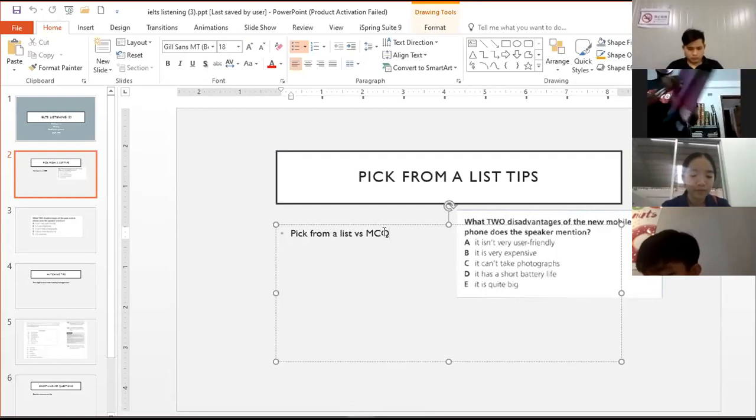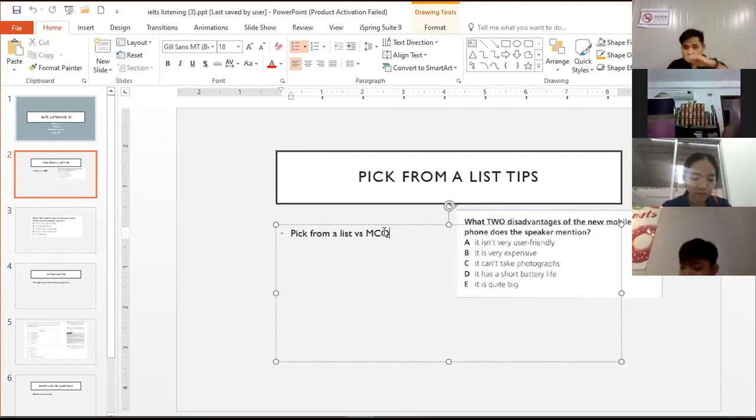MCQ is different from pick from the list. Yes, but what about the tips? Are they different? The tips for how we should handle this questions format. I forgot, teacher. We just studied that on Monday.